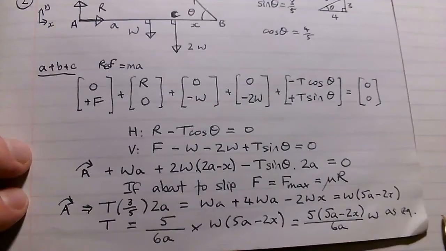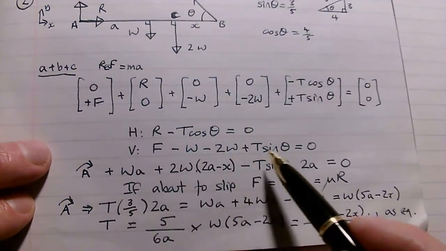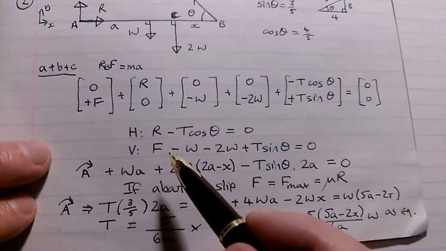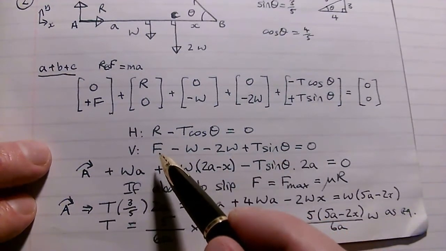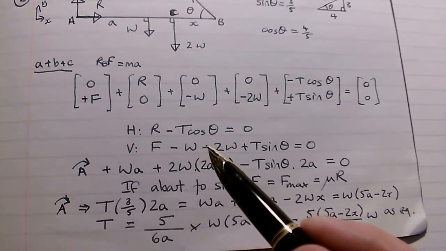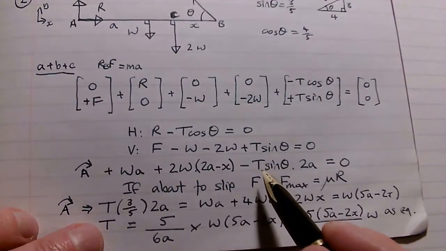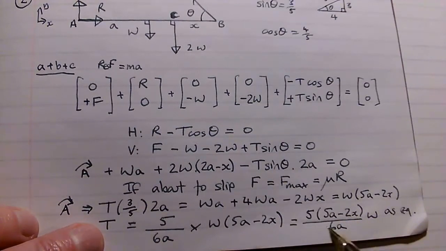Okay? So knowing what F is, the bottom line here, which I've written out as the vertical equation, I can now sub in my 7 over 6W into this equation. It tells me to find x in terms of a, so I'm not allowed to leave t in it. So there's a t in this equation. Oh, but look, I've got t here in terms of stuff that I am allowed to use.